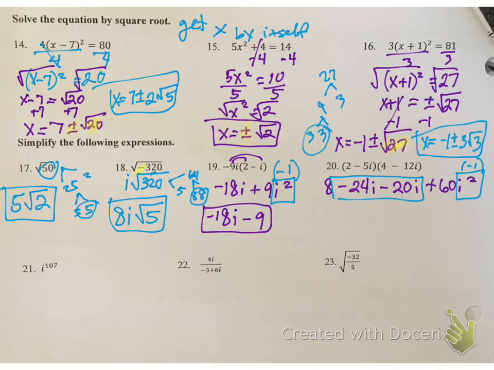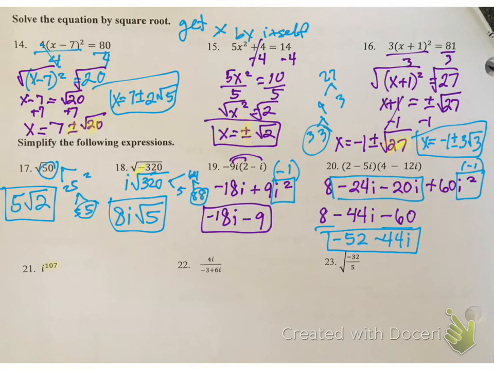I'm going to write this as 8 minus 44i minus 60. I still have two like terms here and here. So 8 minus 60 becomes a -52 minus 44i. It doesn't matter what order you put them in. Either will work.